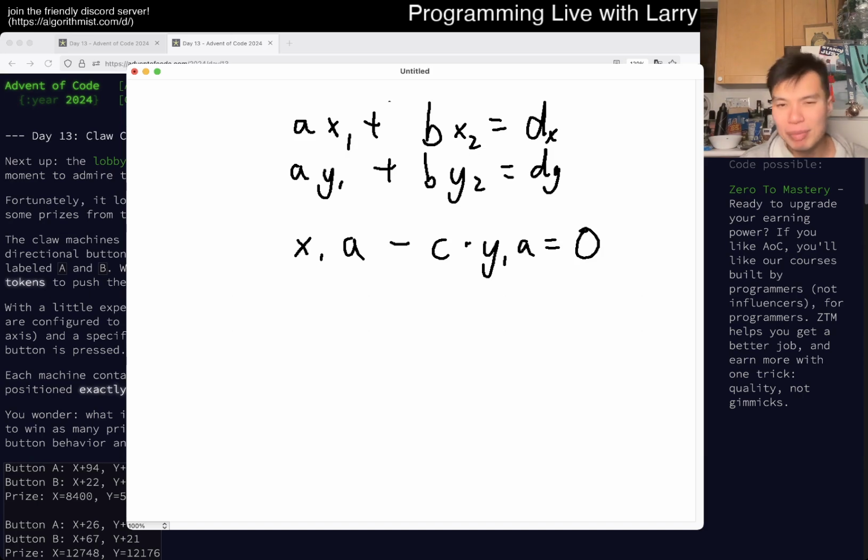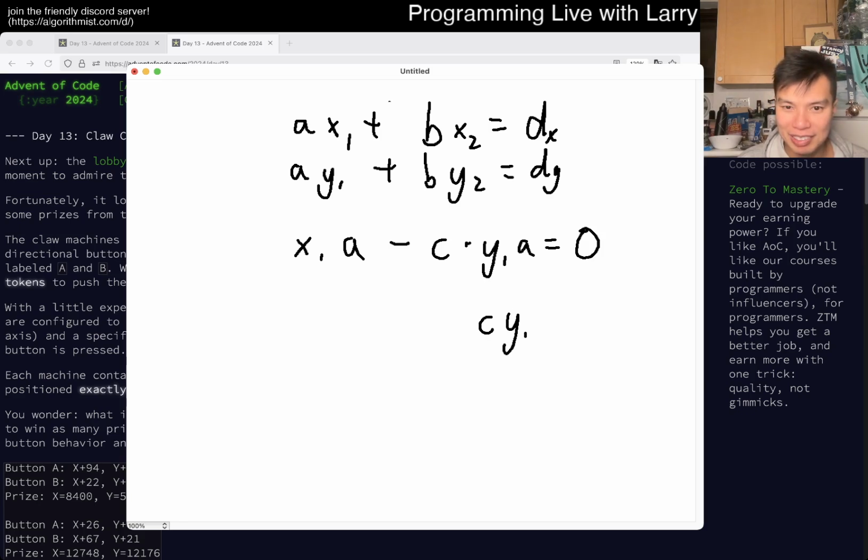And then you can solve for this constant because the x1 and the y1s are inputs.